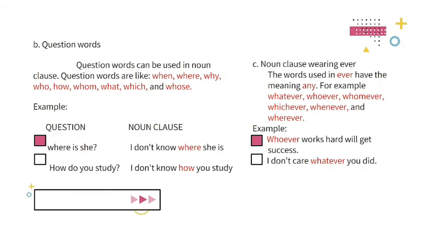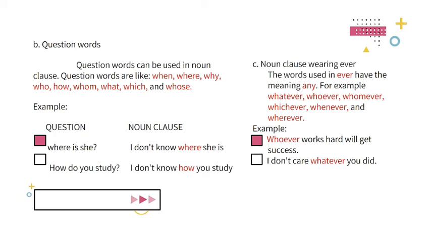B. Question words. Question words can be used in noun clauses. Question words are like when, where, why, who, how, whom, what, which, and whose. For example, question: where is she? How do you study? Noun clause: I don't know where she is.